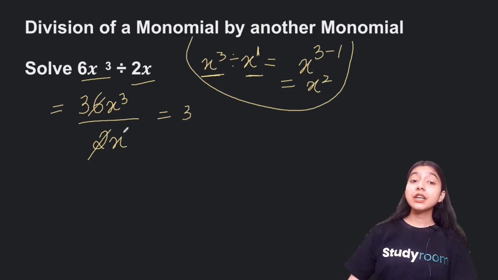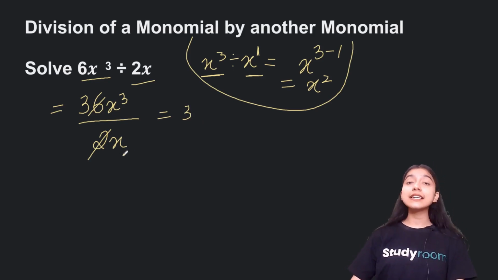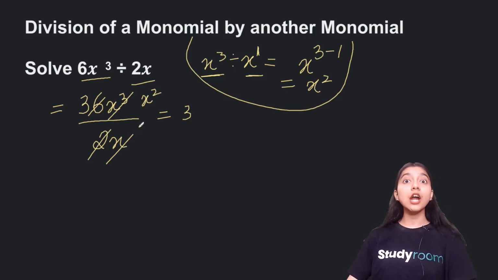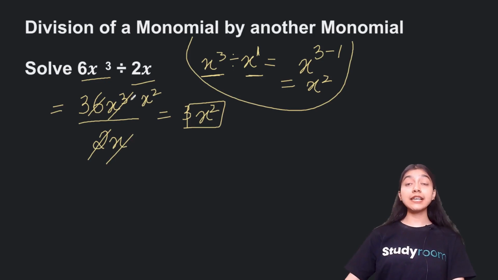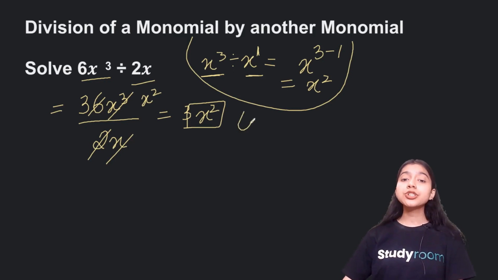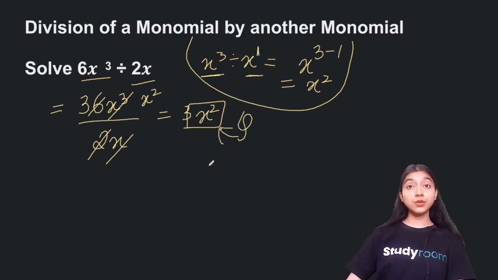When x cubed gets divided by x, it leaves behind x squared. So our quotient will be 3 times x squared. So when we divide 6x cubed by 2x, our quotient comes as 3x squared.